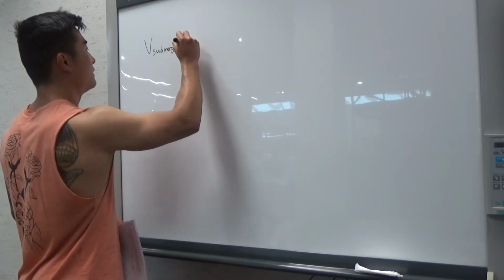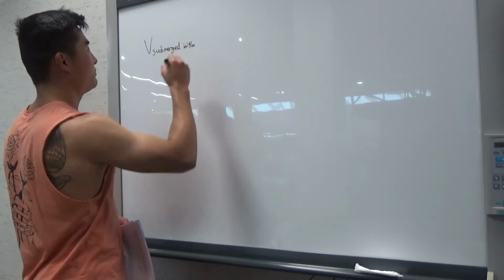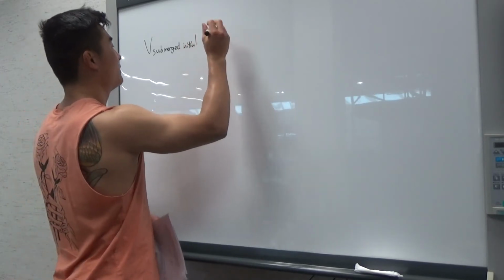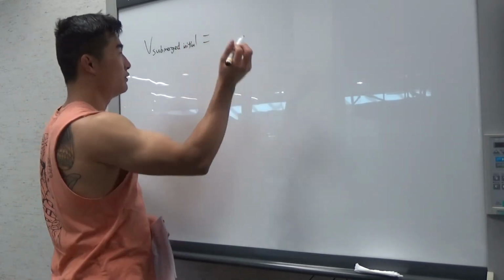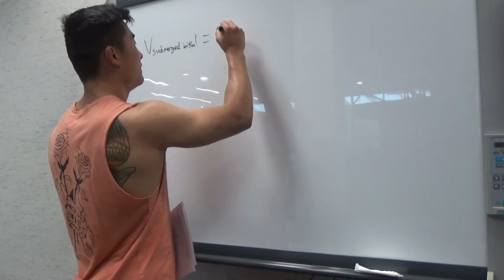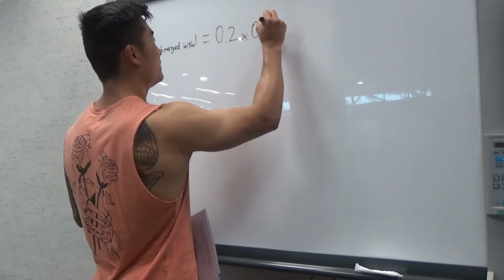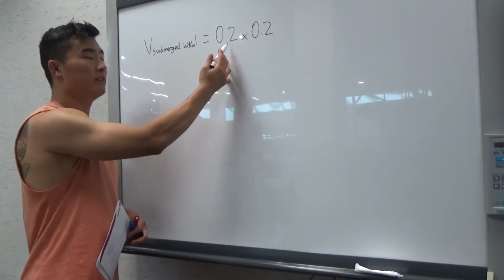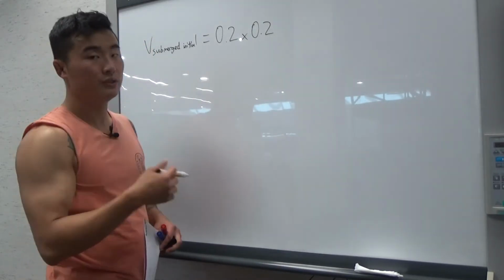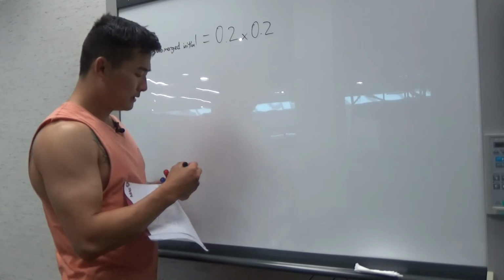This is the initial volume that's submerged. So that's going to be equal to our dimensions. So this will be 0.2 times 0.2. Remember that's 20 centimeters equal to 0.2 meters.